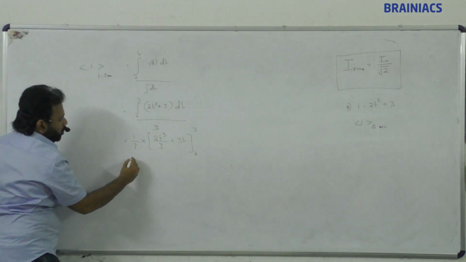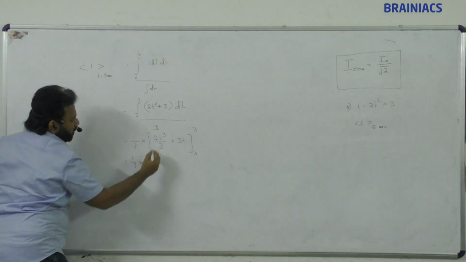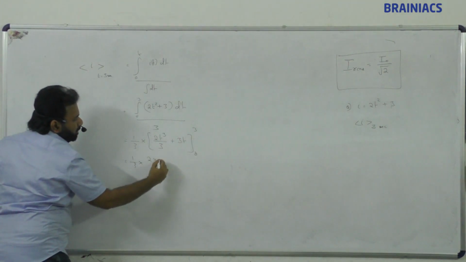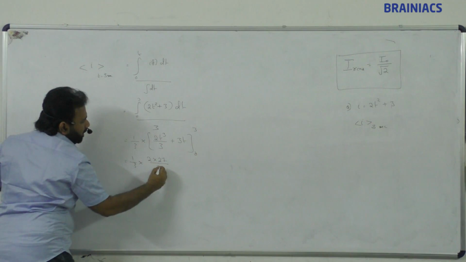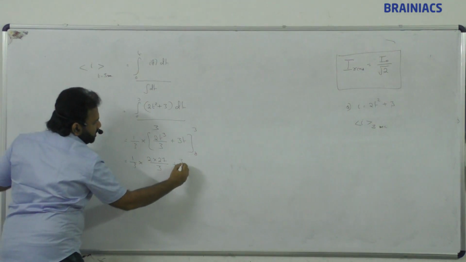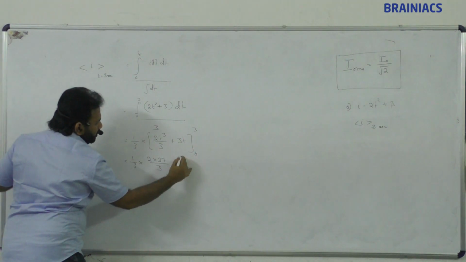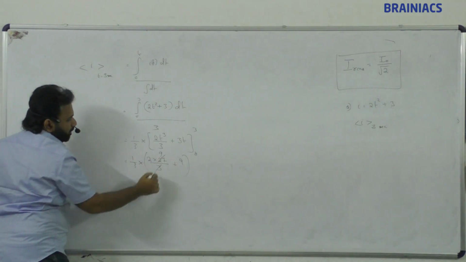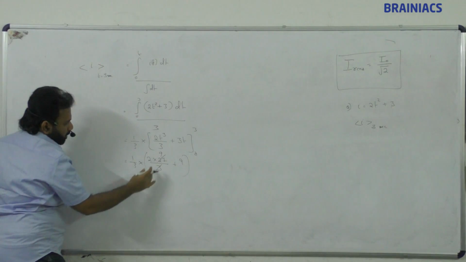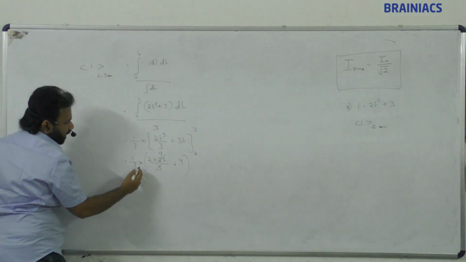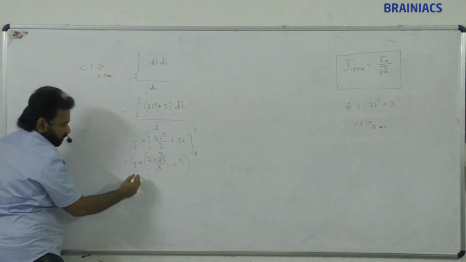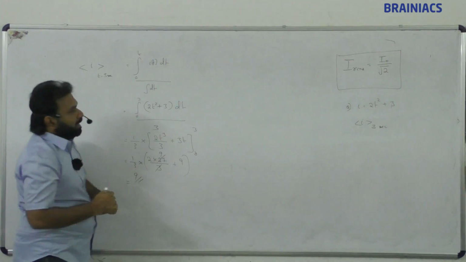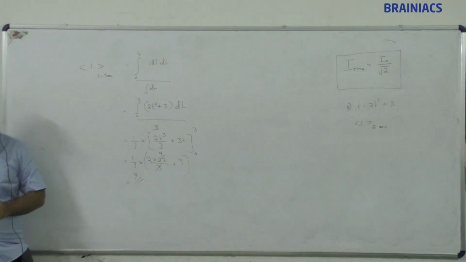So 1 by 3 into, if we multiply, this is going to be 27 divided by 3 plus 9. Simplify this, this is going to be 9. So 18 plus 27 by 3, 9? Yes, 9 ampere, correct?